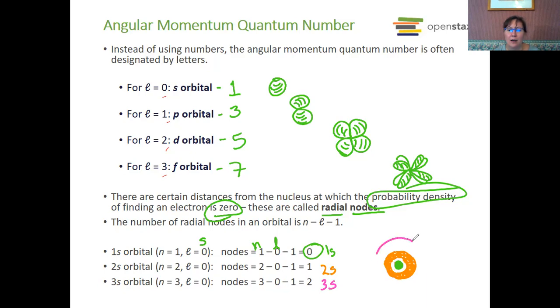And again, now we have our sphere, and in between we have a gap where we've got nothing. Okay. And that's how we figure out the nodes. And you could do that for any of these, and it shows you how many nodes exist of 0 probability.